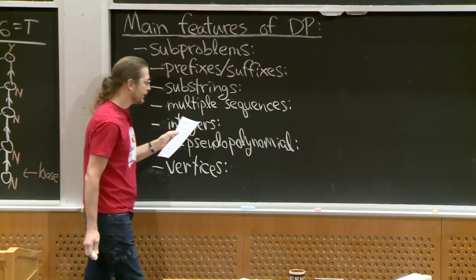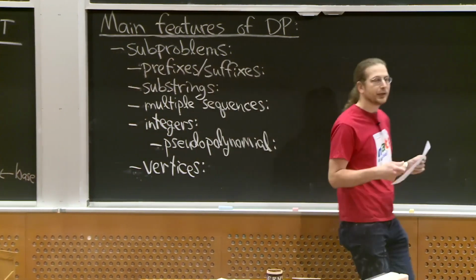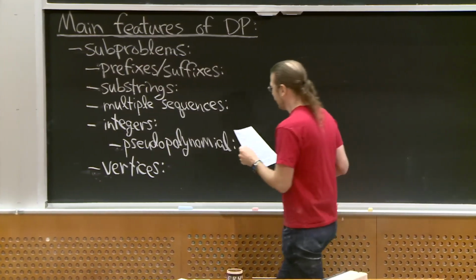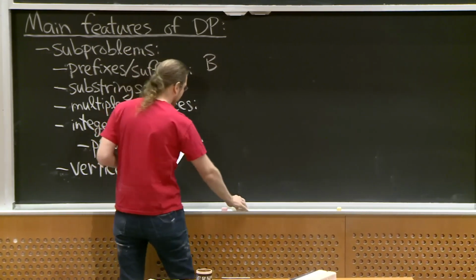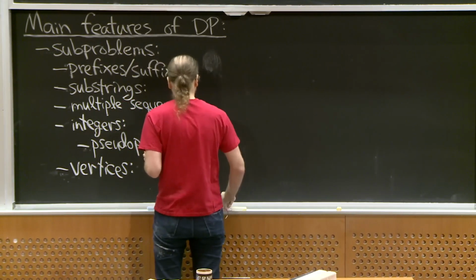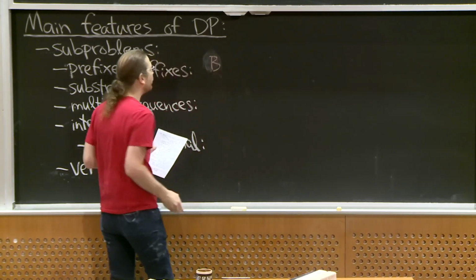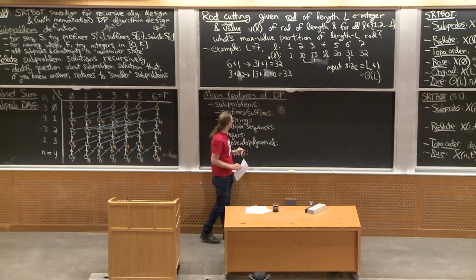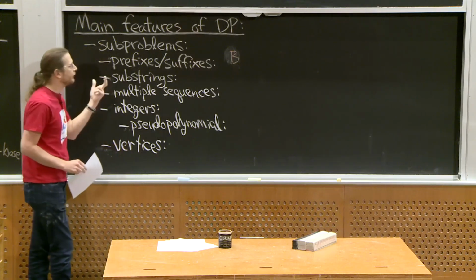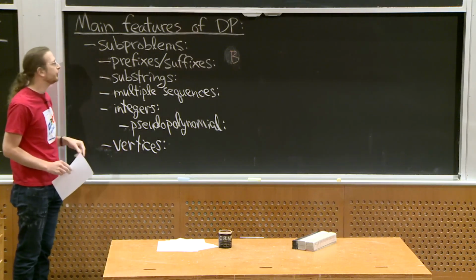So let me characterize all the DPs we've seen in lecture, not the recitation ones, for now, in red. For example, with the bowling problem, with bowling pins, we only had to deal with prefixes or suffixes because we could just think about what happened for the first couple of pins.